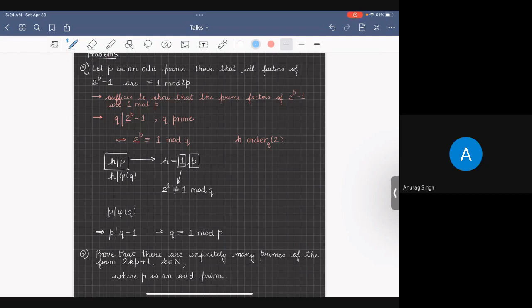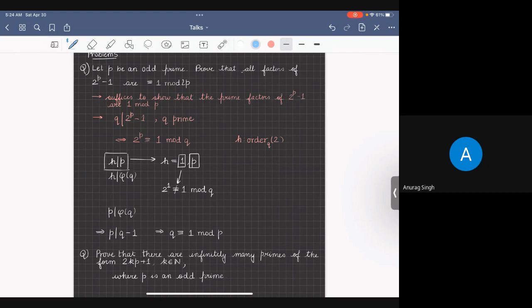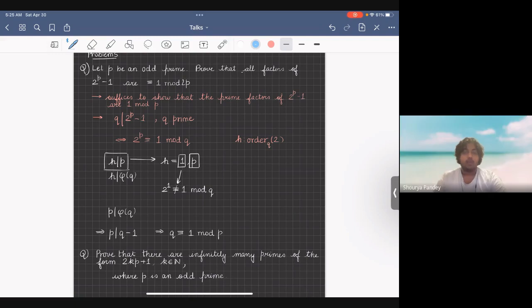Now we will prove that they are infinite. We consider that there are finitely many such primes, let there be n such primes. We multiply them together, which will be congruent to 1 mod 2p.